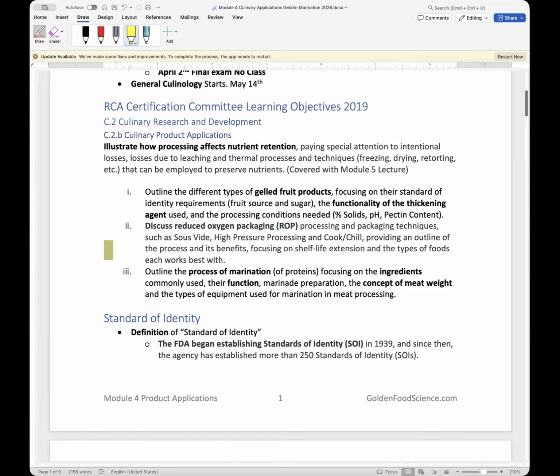Today we're going to talk about the culinary product applications. I noticed that in the comment section, several of you asked about nutrient retention. I'm not going to cover that today, but I promise I haven't forgotten it. There are just a few clues that you can use without having to memorize every one of those.